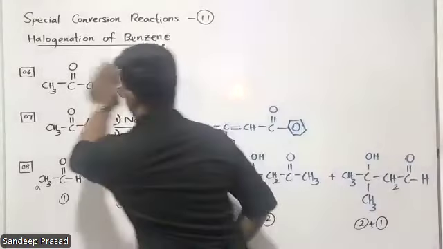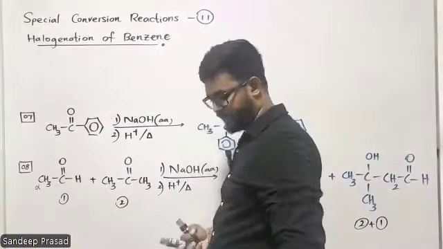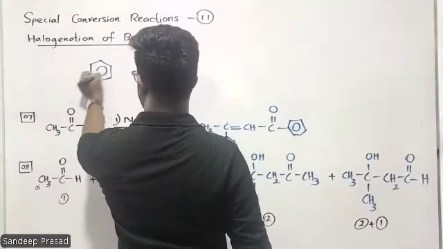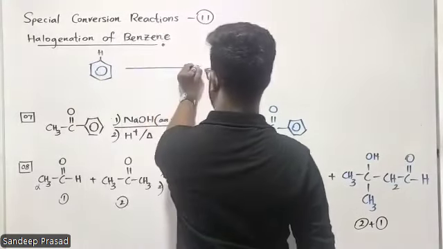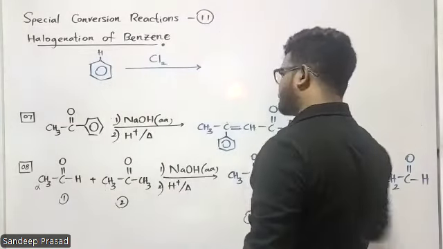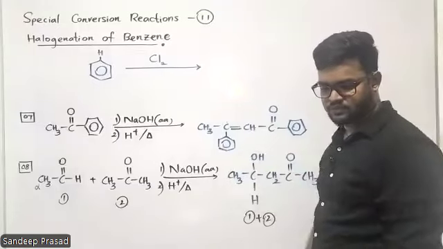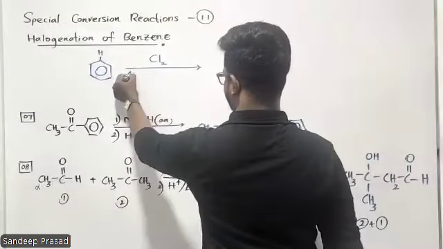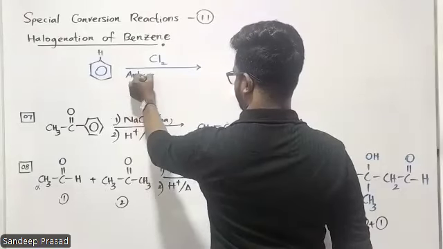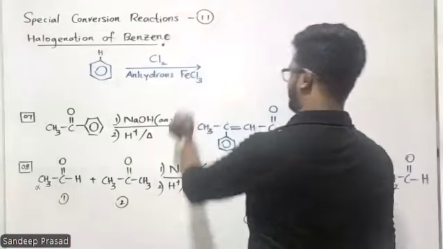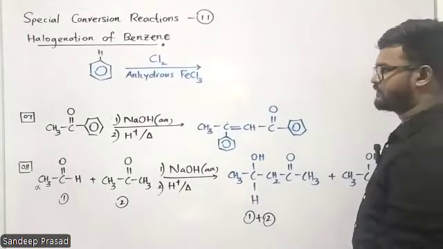Students, we have discussed this one under the theories also. Can you remember? We have a benzene ring. So we can add a Lewis catalyst along with this. Now if we are using chlorine, chlorine along with anhydrous Lewis catalyst like FeCl3, ferric chloride, then what will happen?